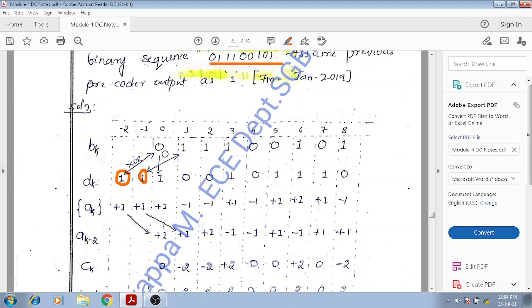Now perform the XOR operation. For the present bit BK, what is BK minus 2? 1. So 0 XOR 1 is 1. And for this bit, what is BK minus 2? This one.